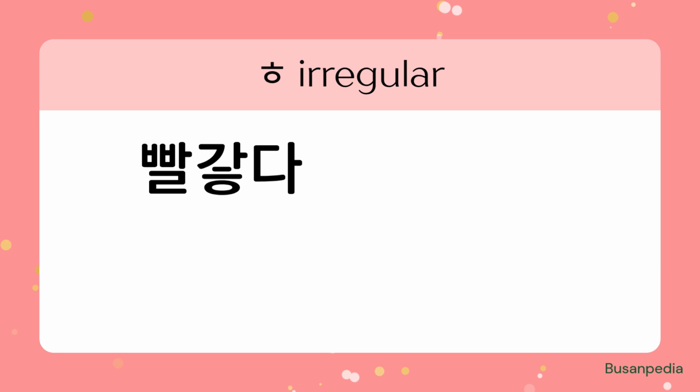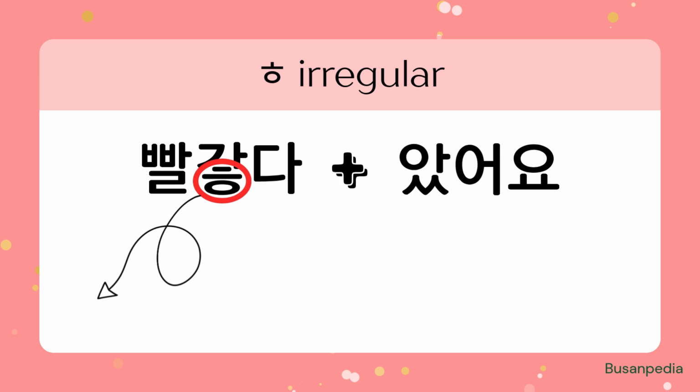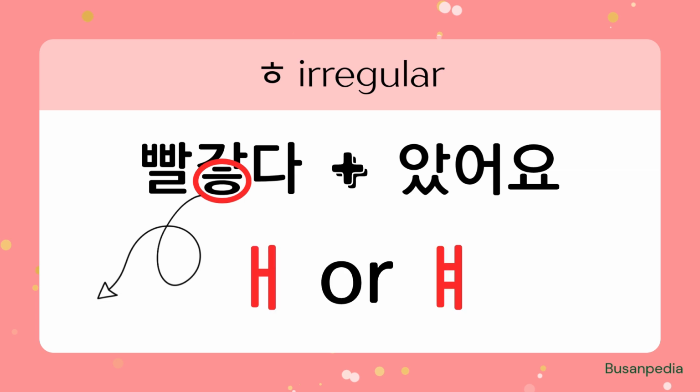Next, let's talk about the ㅎ (hieut) irregular. This one's a bit dramatic, both the stem and the ending change. When a verb stem ends with ㅎ and it is followed by a vowel, ㅎ disappears. In the past tense, when you add 아요 or 어요, instead of combining normally, it turns into 애 or 예.